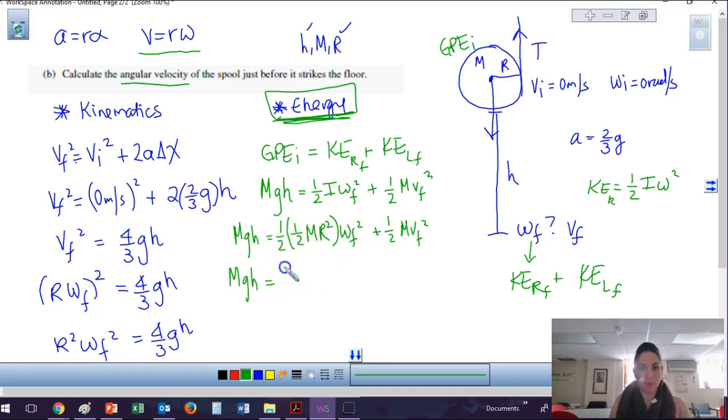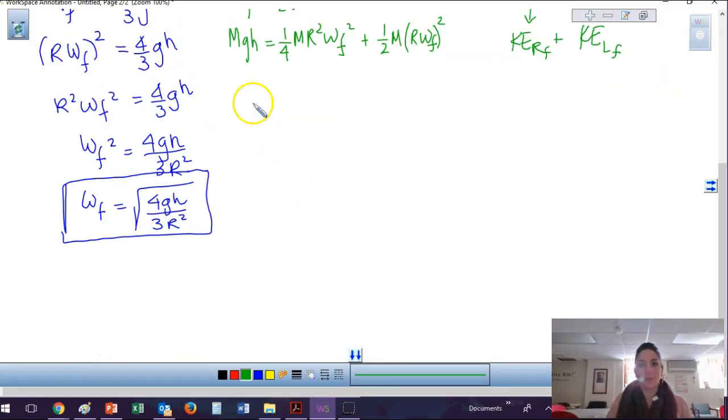Notice that becomes 1/4 because we're multiplying, M R squared omega final squared, plus 1/2 M. Now v is our omega. Now it's final because that's the one we care about, but this whole thing is squared. So I'm going to plug that in first, so R omega. Now this is capital R because this is the way the problem is written, but I hope you realize that that's still R there.